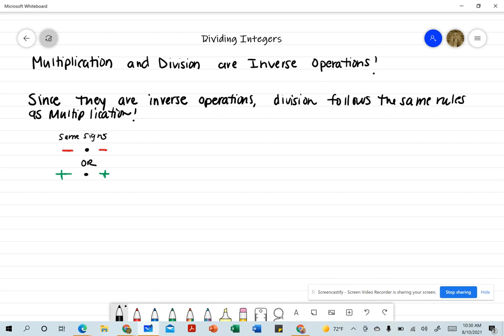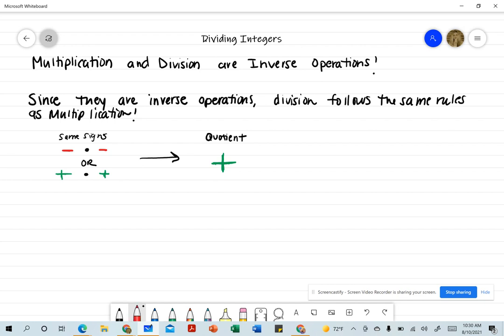What happens when they are the same sign? Well, your product, which again, excuse me, in this case, it would be your quotient. So your product or your quotient, but quotient is the answer to a division problem. Your quotient would be positive. Same signs, your answer is positive.